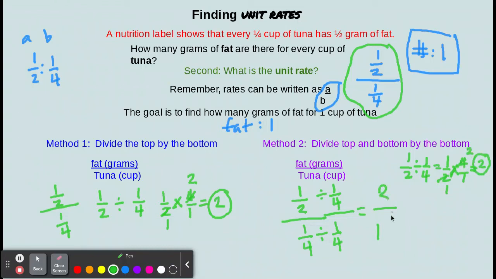So we put the 2 up there. Remember, 2/1 is the same thing as just plain old 2. So both methods came up with the answer that we have 2 grams of fat for 1 cup of tuna. Unit rate, second number is a 1. First number we have to figure out.